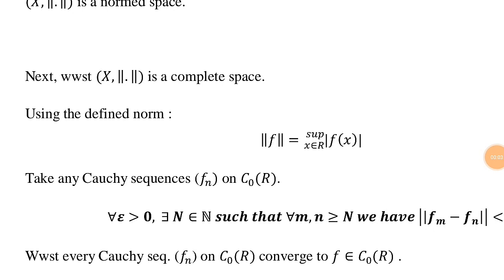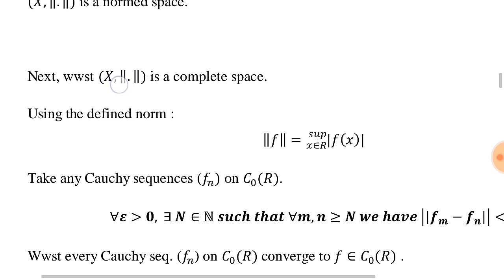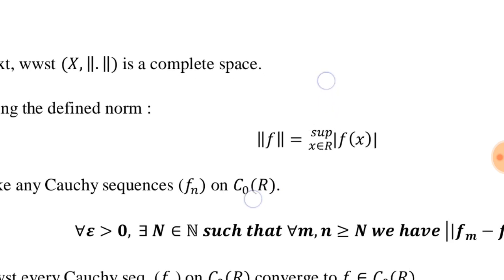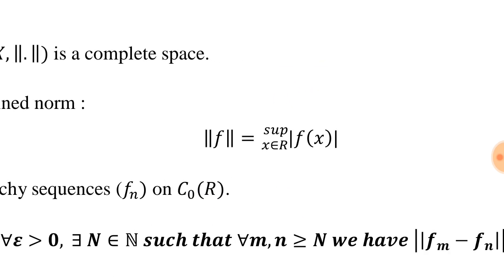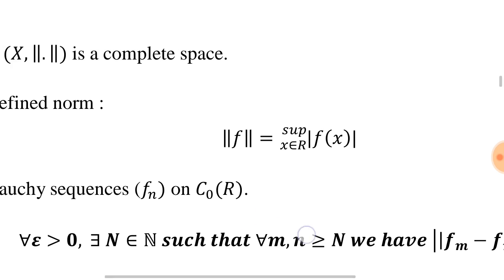Next, we will show that this is a complete space. Using the norm defined in the question, we already know that the norm of f equals the supremum of the absolute value of f of x.